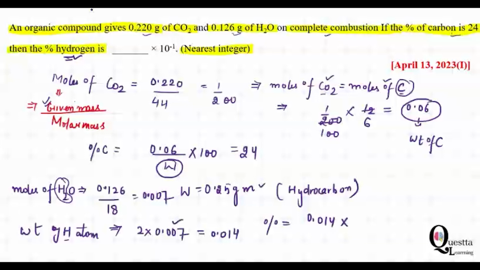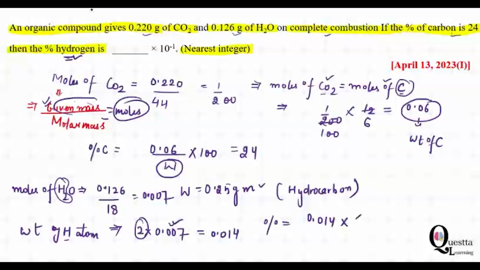The formula is: moles equals given mass upon molar mass. So if you multiply your moles with the molar mass, you will get the given mass, that is 0.014.